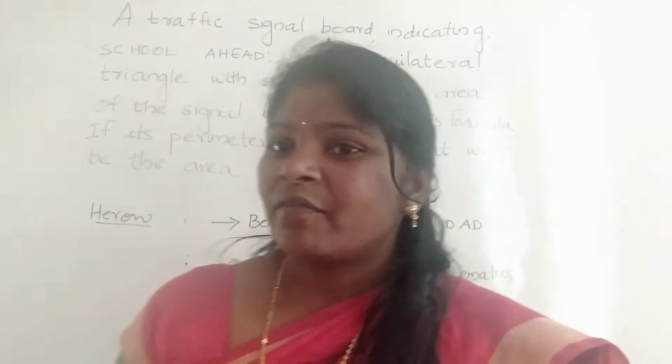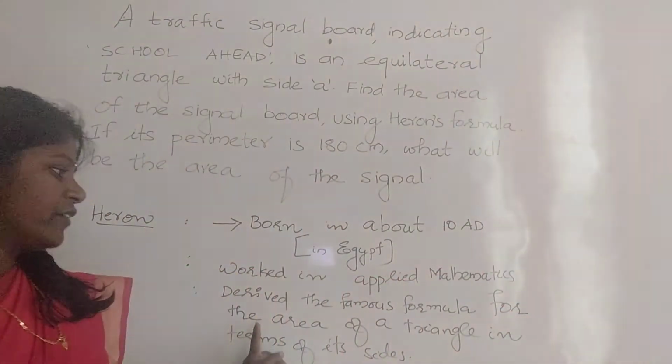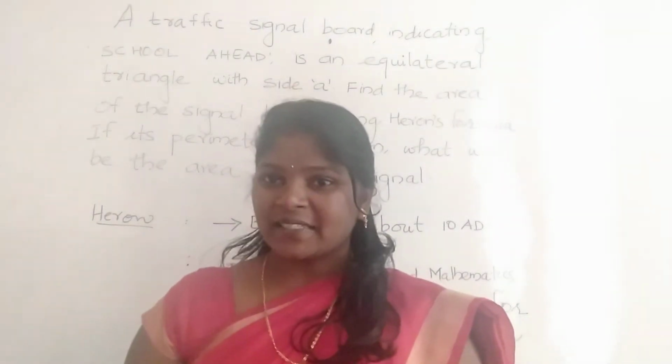For that, one mathematician named Heron derived his famous formula for finding the area of a triangle in terms of its sides.